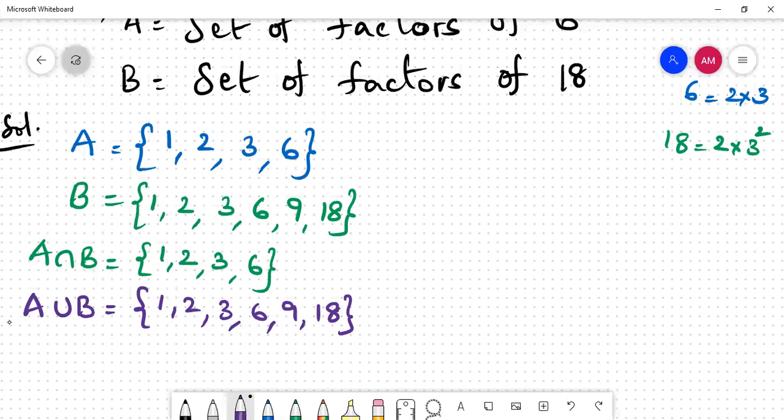You remember I highlighted that in the previous session also. Is it clear to everyone? Yes, madam.